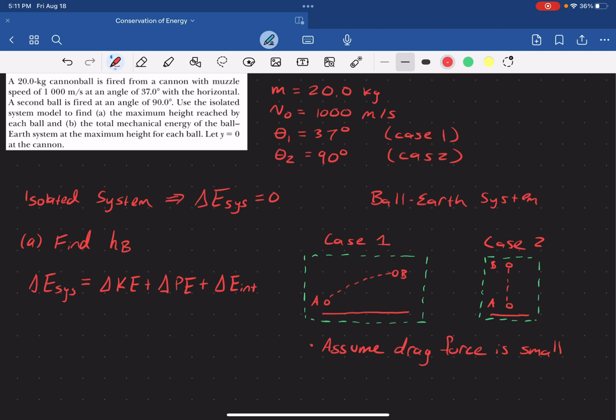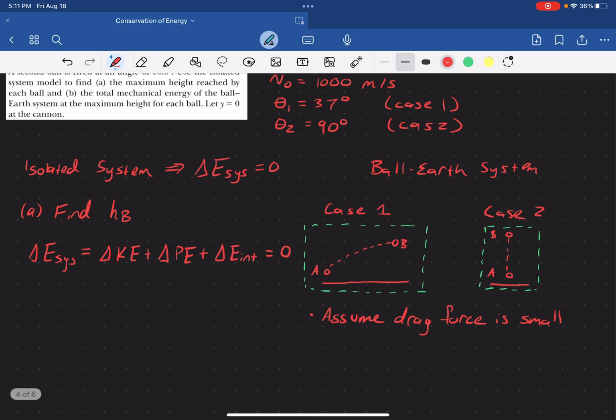And we know that's equal to 0 because it's an isolated system. And since we know that the drag force is negligible, that means there's no non-conservative or dissipative forces acting within our system. What that means is the internal energy change is 0.